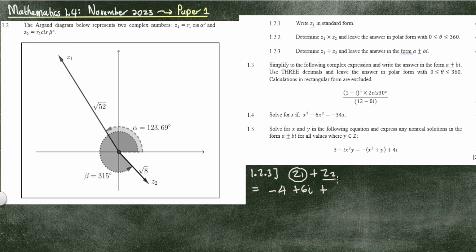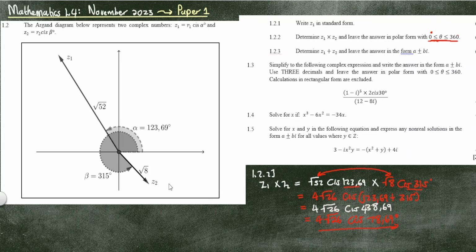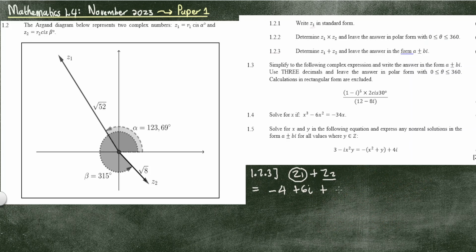Plus, what about z2? Z2 is square root 8 cis 315, which is square root 8 times cos 315 plus i sine 315 degrees.